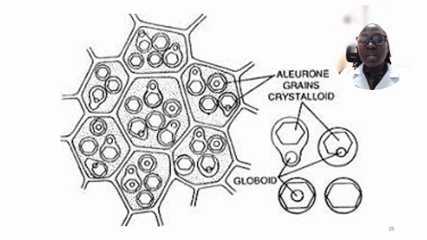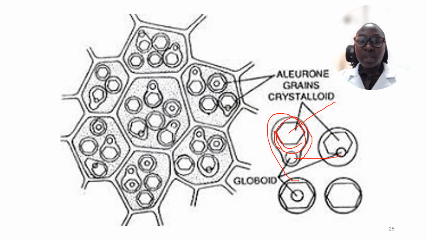So this is the aleurone grain. It has the crystalloid, it has the globoid, and the background, the matrix, everything in here is the ground mass. So that's it in summary.